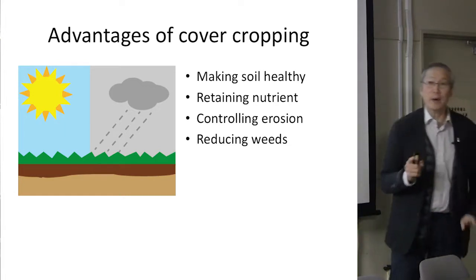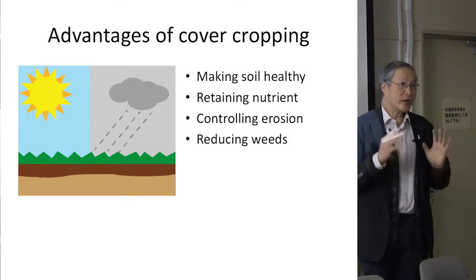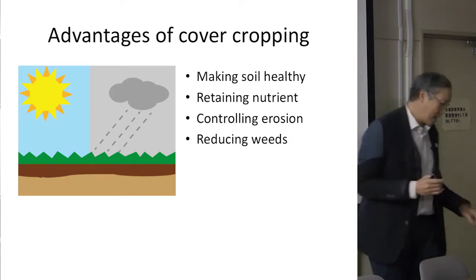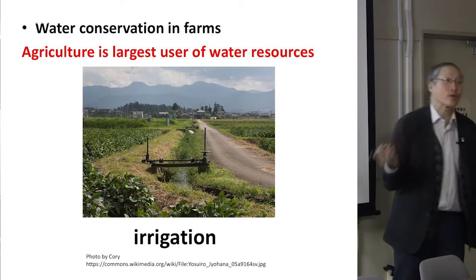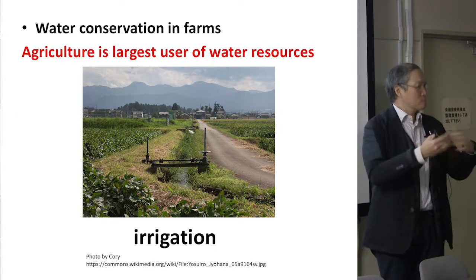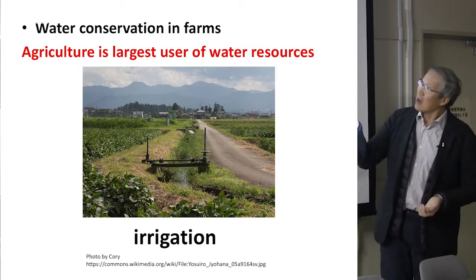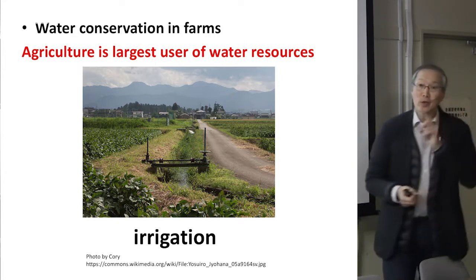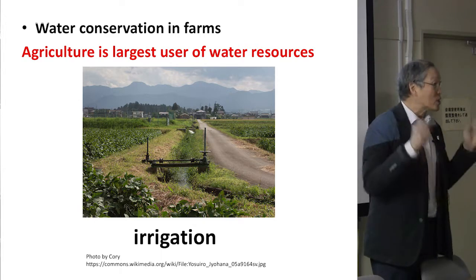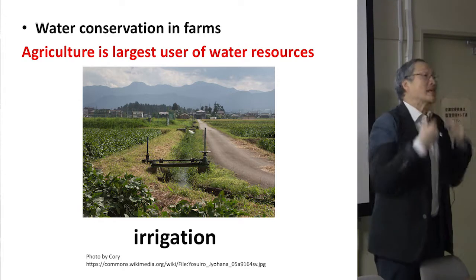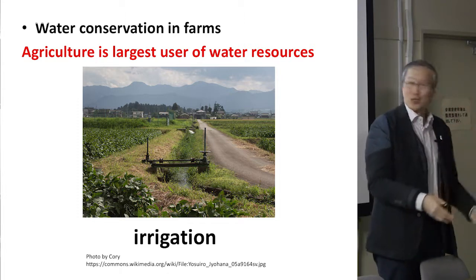Okay, so aside from soil, another important aspect of agriculture is water. Okay? We need water in order to support the growth of the plants. Do you know, agriculture is the largest user of water resources. Not drinking, but agriculture.